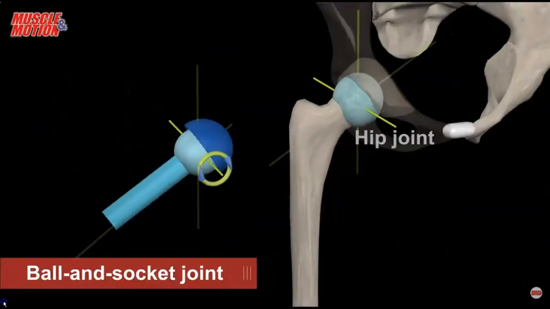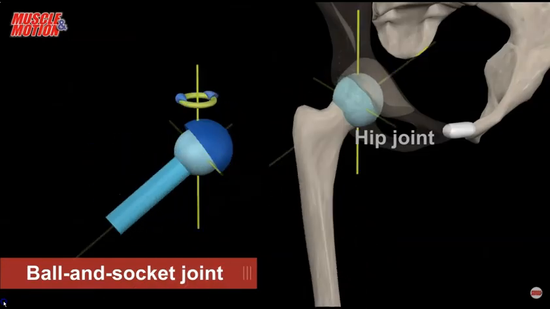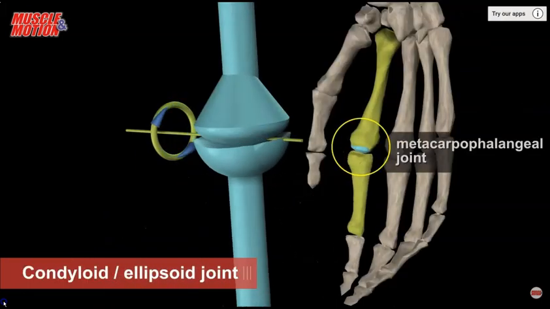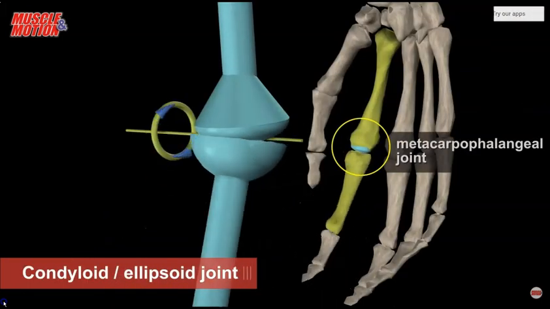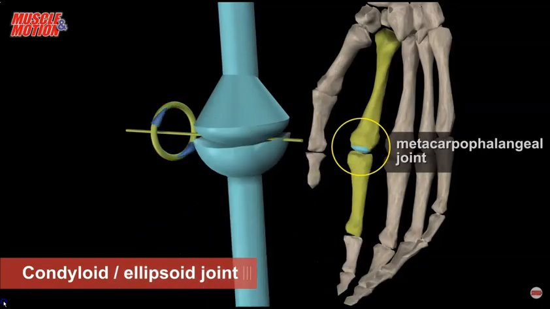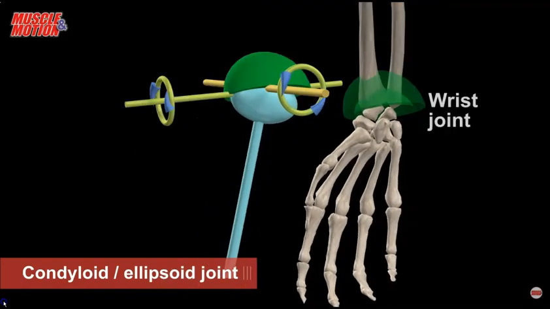Synovial joints are the freely mobile joints in which the articulating surfaces have no direct contact with each other. Ball and socket, where the ball-shaped surface of one rounded bone fits into the cup-like depression of another bone. Permits free movement in numerous axes. For example, the hip joint. Condyloid contains a convex surface which articulates with a concave elliptical cavity. They are also known as ellipsoid joints. For example, metacarpophalangeal joint, wrist joint.